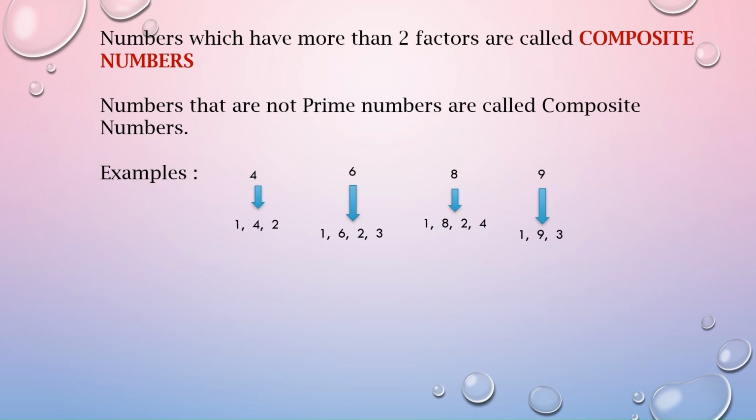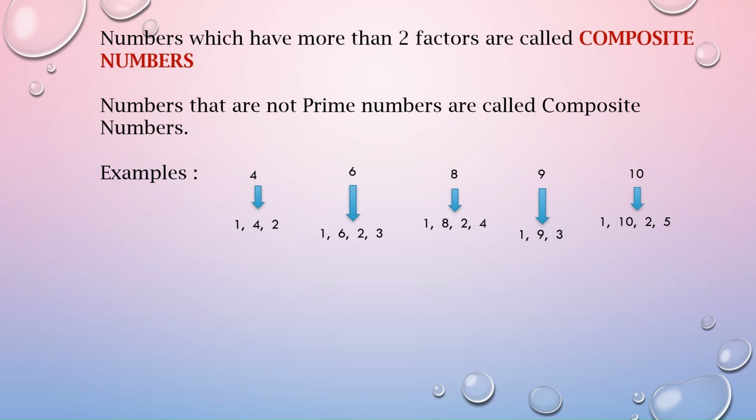Three factors, it's a composite number. 10. 1 ten is 10, 2 fives are 10. So can you see these numbers 4, 6, 8, 9 and 10 have more than two factors. So numbers which have more than two factors are called composite numbers.